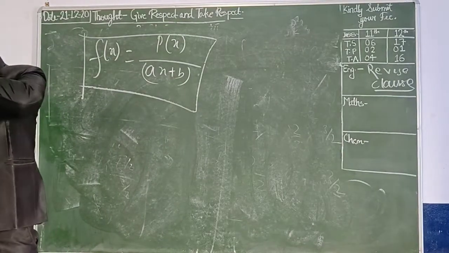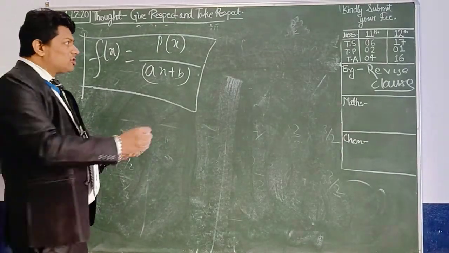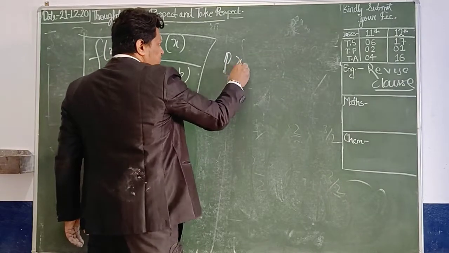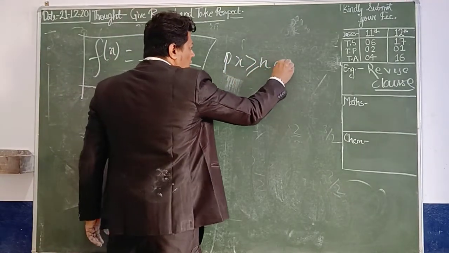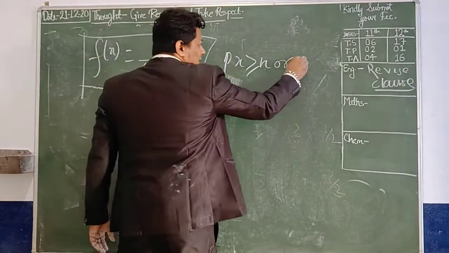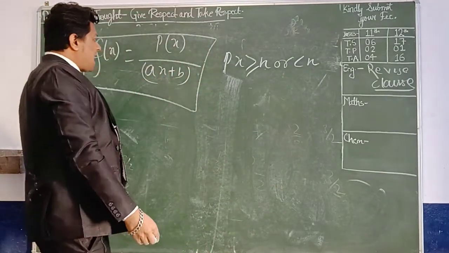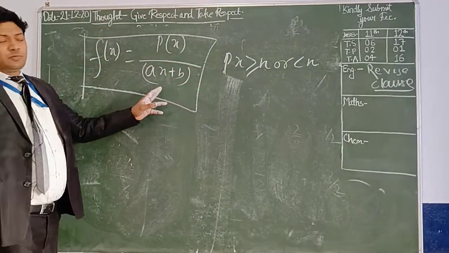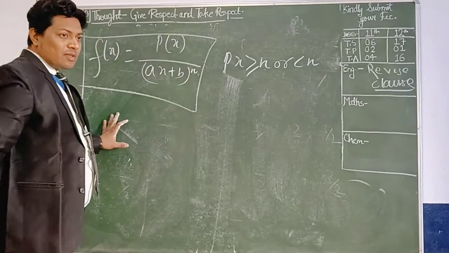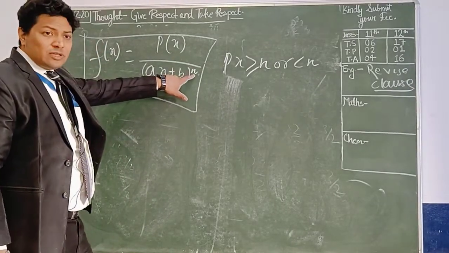If you are talking about this term, the degree of p(x) is greater than or equal to n, or less than n, where n is the power of (ax plus b). You have to compare with this one.